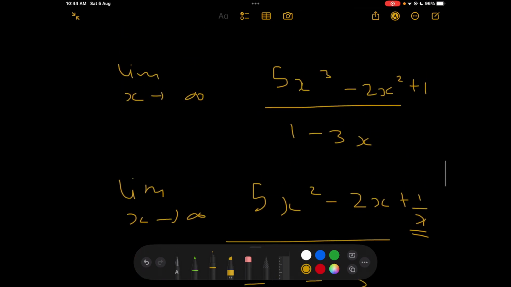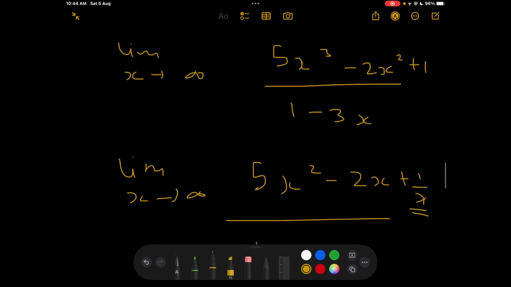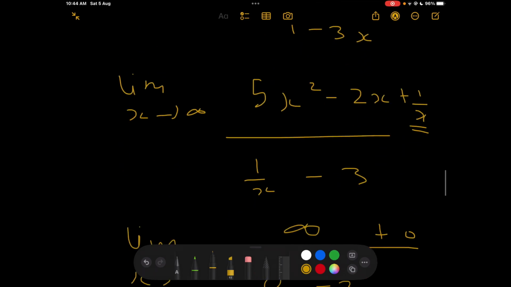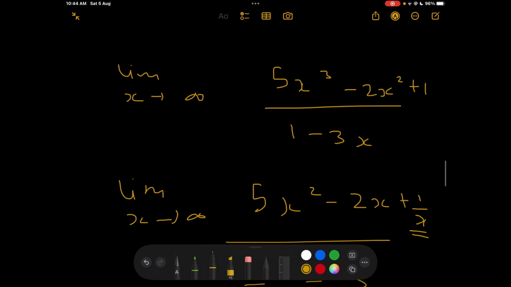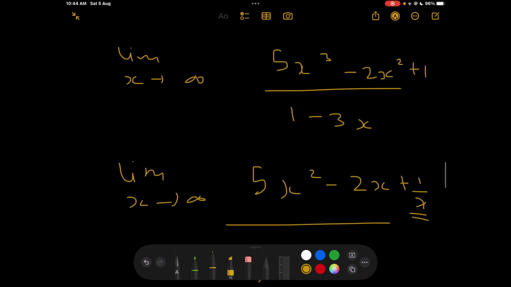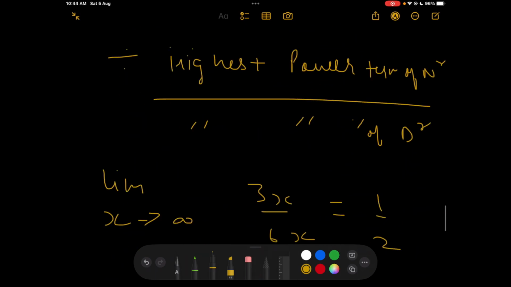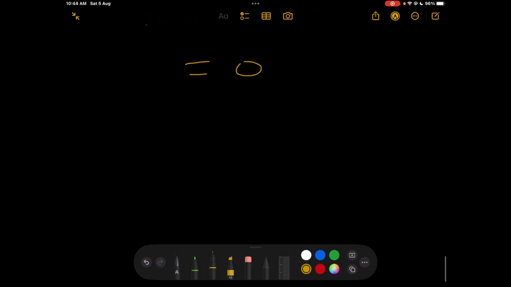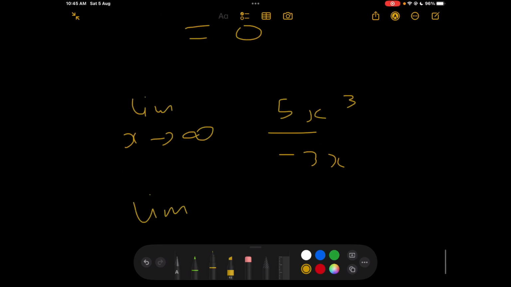And for the final part, we have limit x tends to infinity 5x cube upon minus 3x.